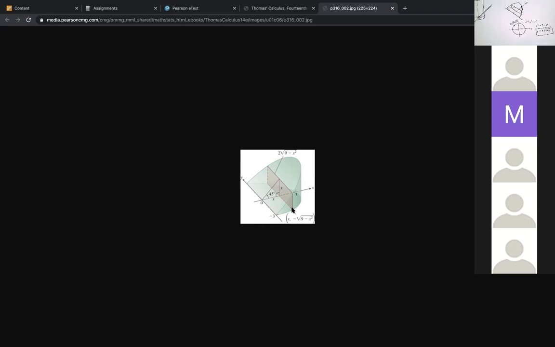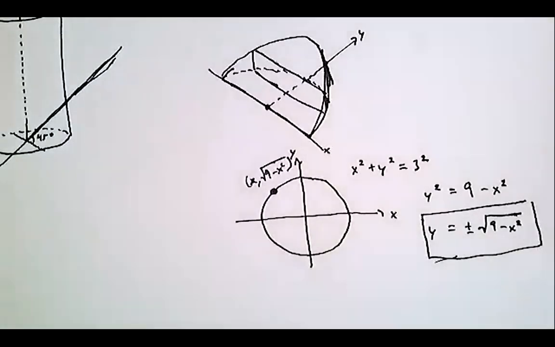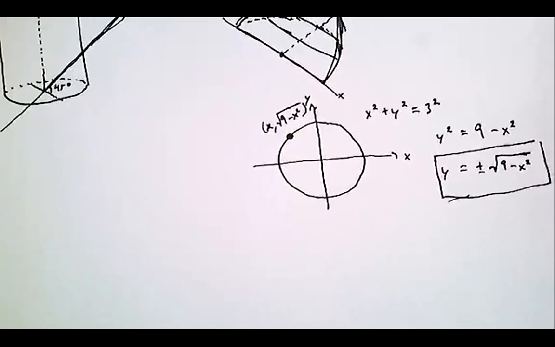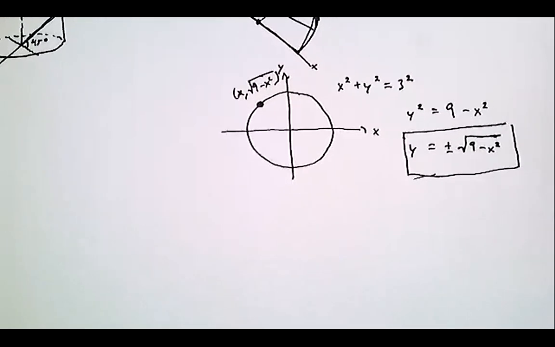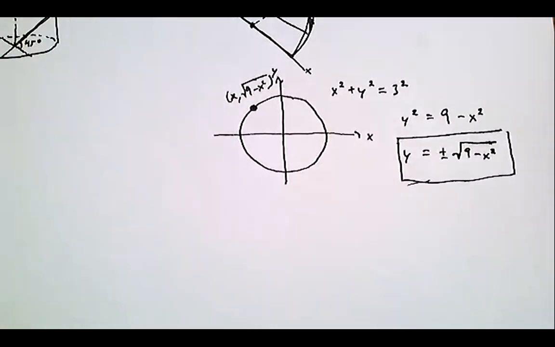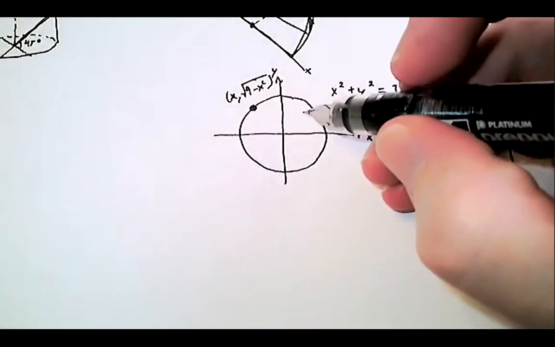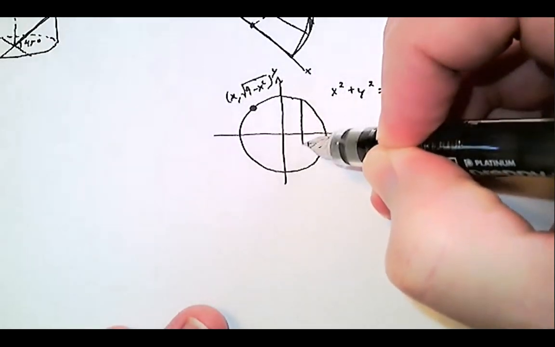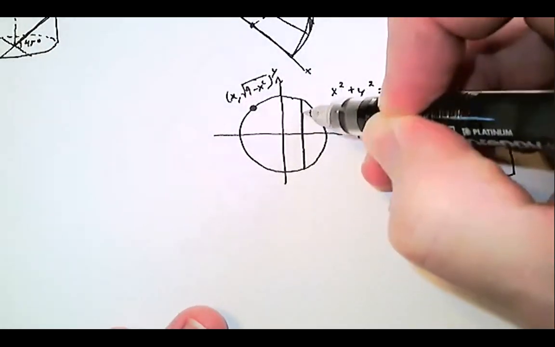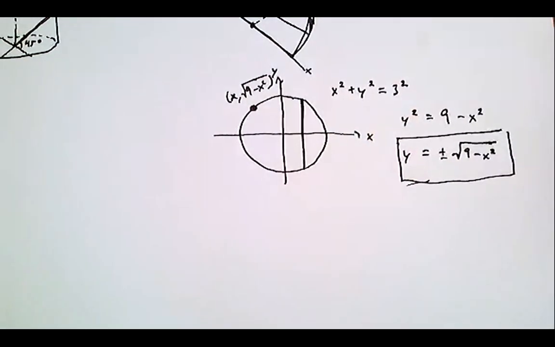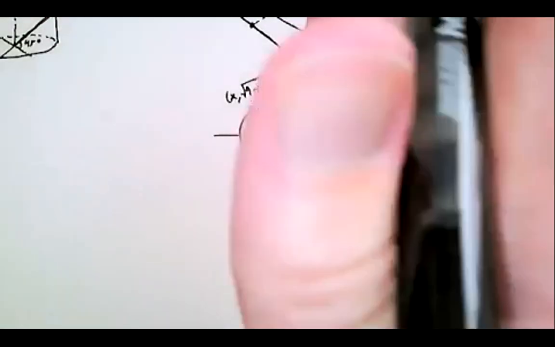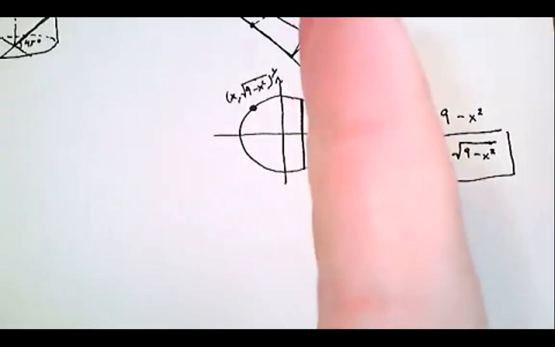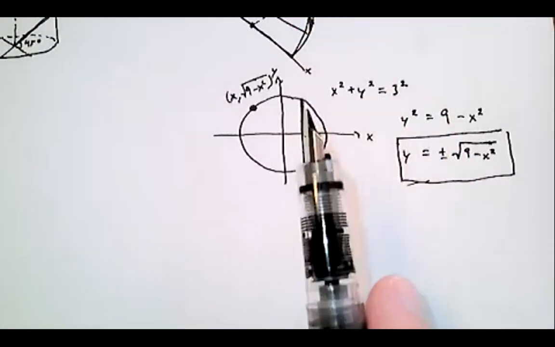Now is probably a good time to switch back over to my paper. So in the illustration from the textbook, and I should make sure mine matches, their cross sections are like into the paper, up and down.